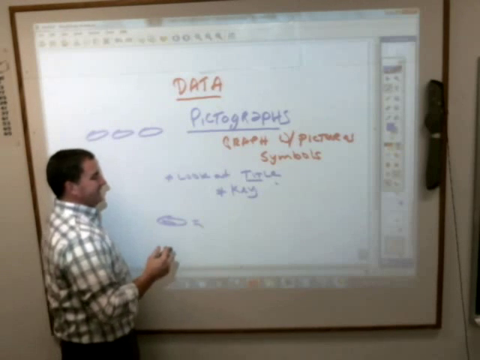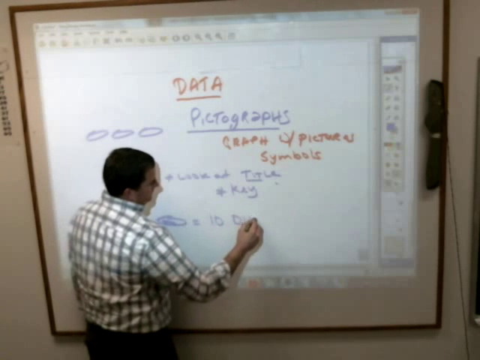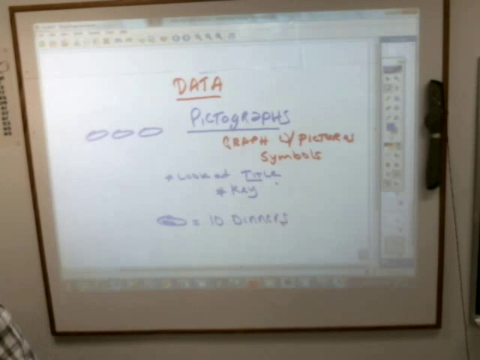What's it say down there, Madison? 10 dinners. Okay. If you didn't look at that key, you might think on Tuesday they only served 4 dinners. Well, it wasn't 4 dinners, it was 40. On Wednesday they didn't serve 4, it was 40.